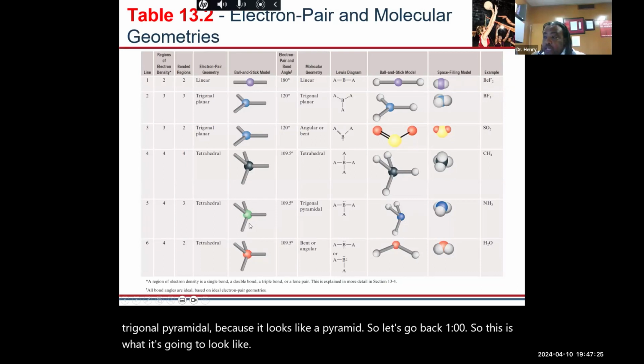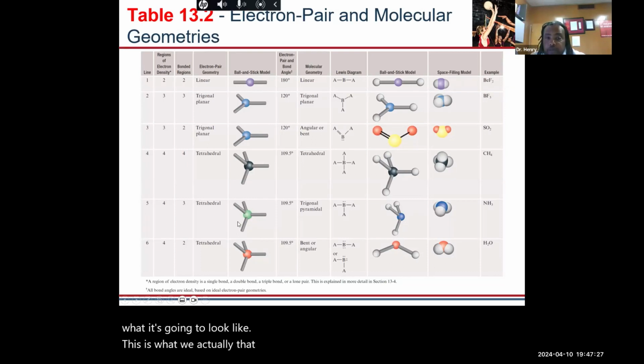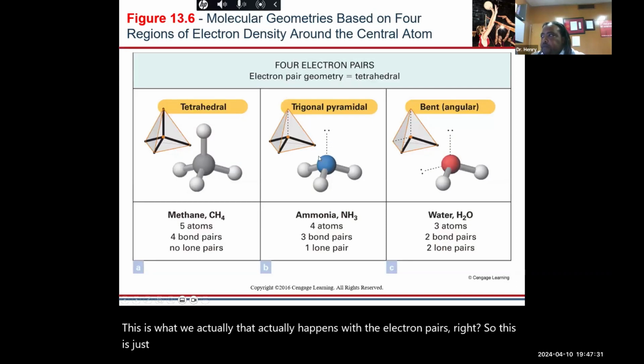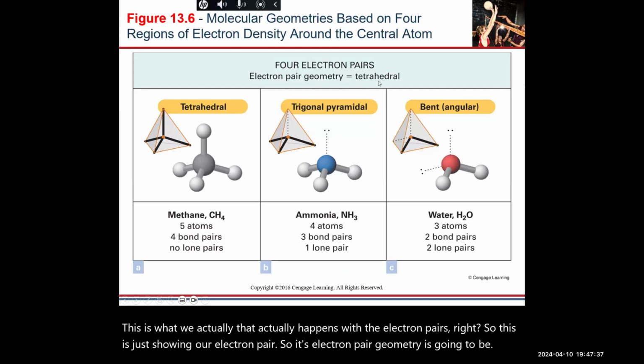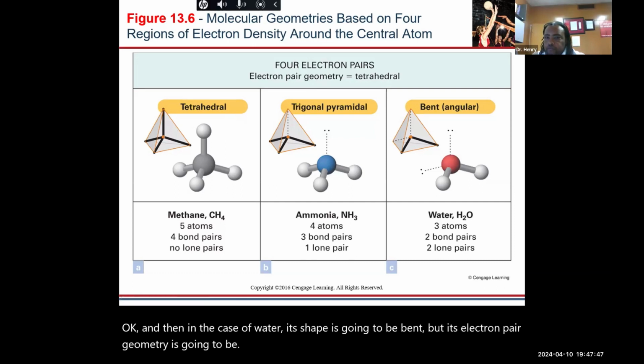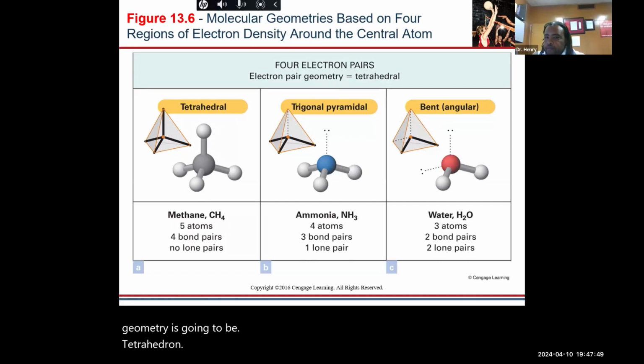This is what actually happens with the electron pairs, so this is just showing our electron pairs. So its electron pair geometry is going to be tetrahedral. Okay. And in the case of water, its shape is going to be bent, but its electron pair geometry is going to be tetrahedral.